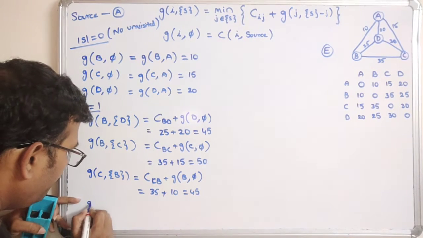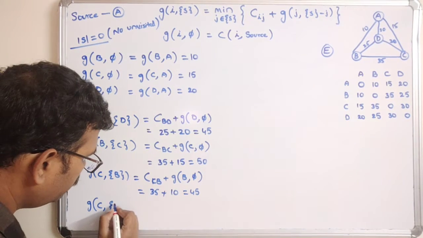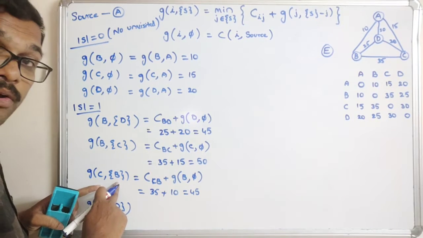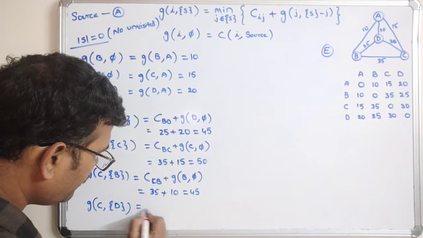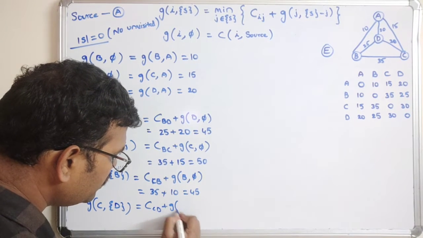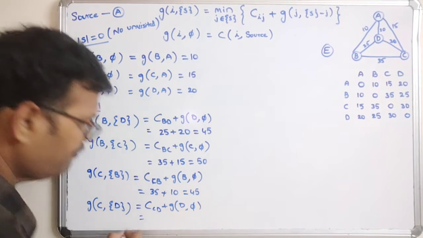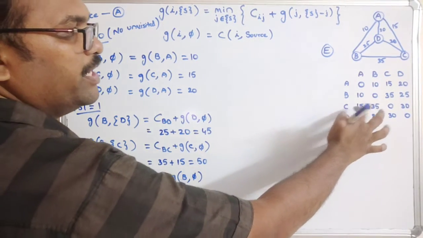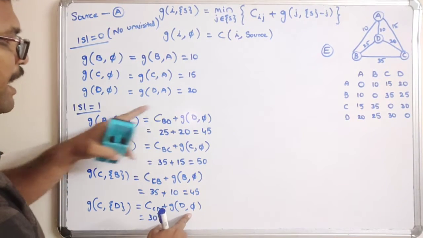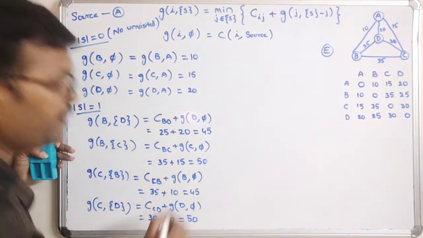And similarly, from C there might be an edge to D. Cost of CD plus G of D comma phi. So cost of C to D is 30 plus D phi 20, which is 50.